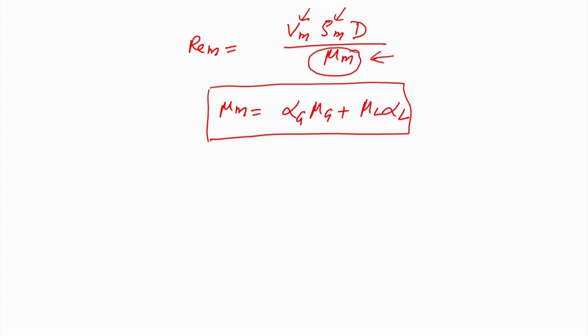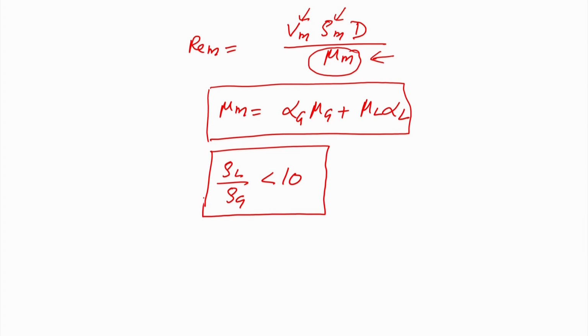So, this is the complete formulation of the homogeneous model with no slip condition, where, again, the phase holdup is equal to the phase volume fraction. It means there is no slip inside. This kind of model is used when rho L upon rho G is less than 10, and as you can see, rho L upon rho G mostly has a difference of 1000, other than in petroleum industries where this is sometimes true.